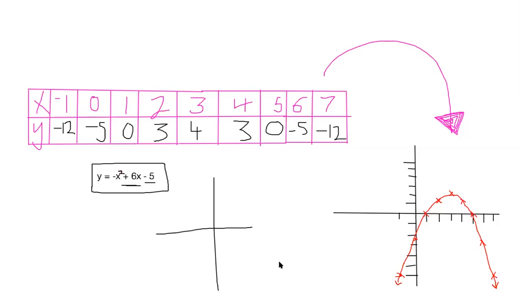You should have 9 points all up. 1, 2, 3, 4, 5, 6, 7, 8. 1, 2, 3, 4, 5, 6, 7, 8. I'm missing one for some reason. What did I skip?